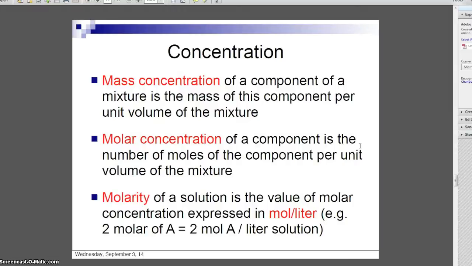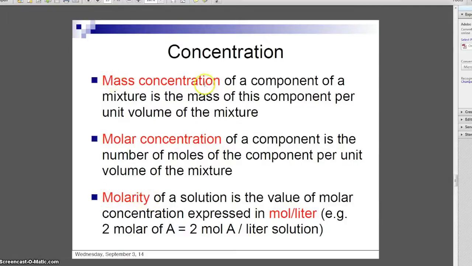So let's look at concentration. Concentration can be divided into 3 parts, I guess. The first is mass concentration, the second is molar concentration, and the third is molarity.